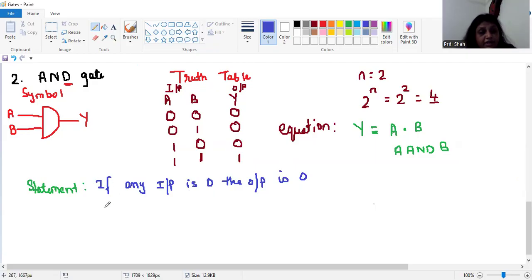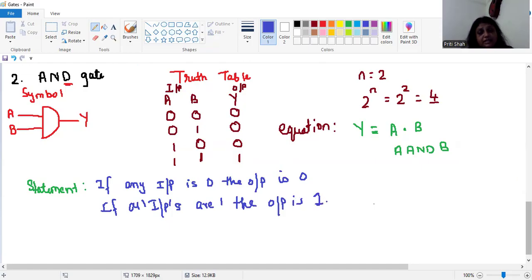Or you can write, if all inputs are 1, the output is 1. Any which way, you can write this statement. And this is the second gate, which is an AND gate. So your homework can be to draw 3 and 4 input AND gates.